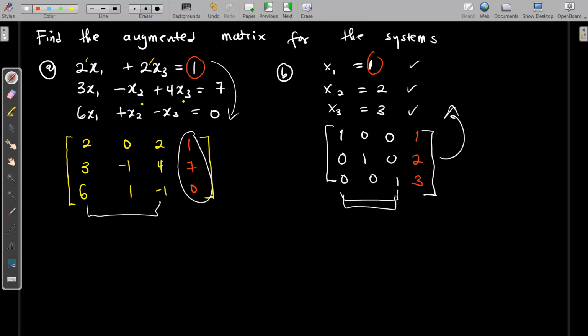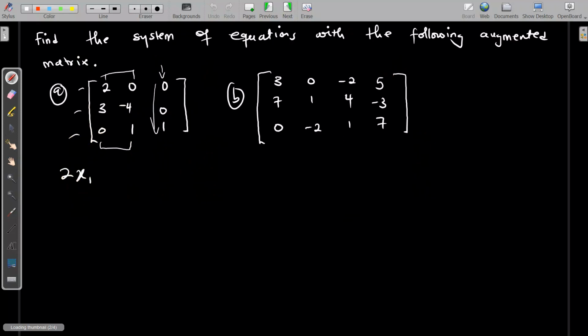So I'm going to have 2x1 plus 0x2, which I will not write, equal to 0. That's the number at the far end of that row. Then in row 2, I have 3x1 minus 4x2 equal to 0. The last one is 0x1, which I will not write, and I have x2 equal to 1. I hope this makes sense.